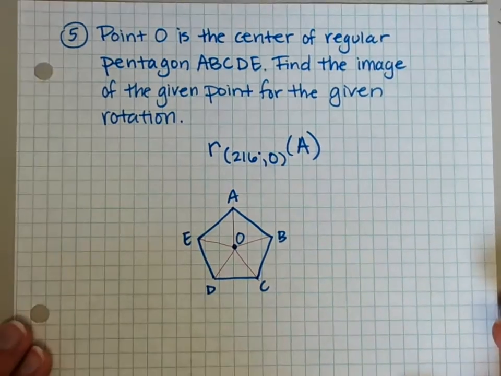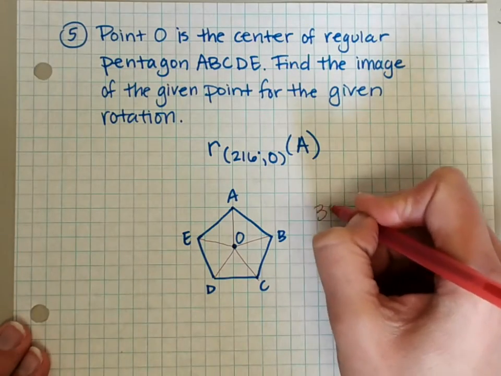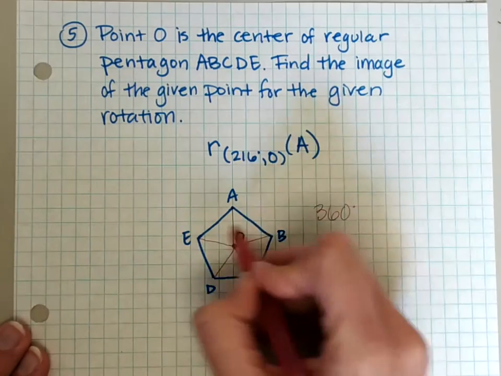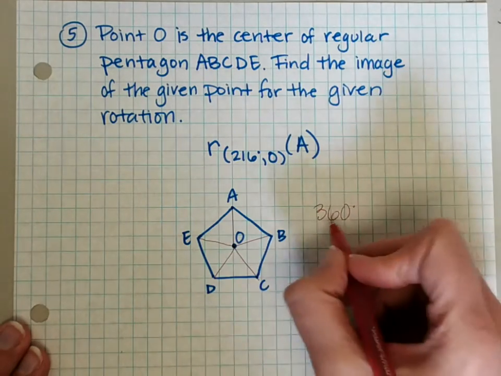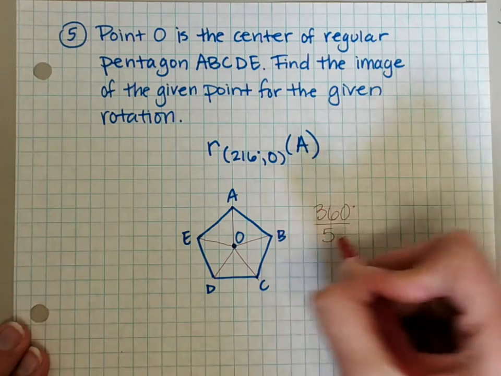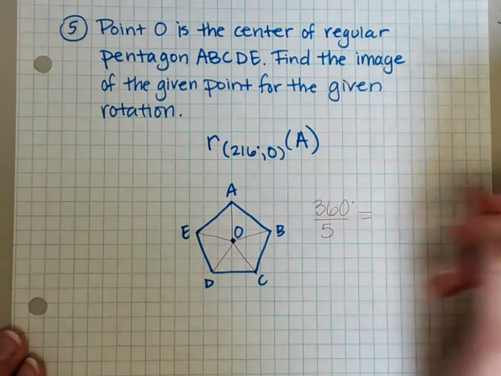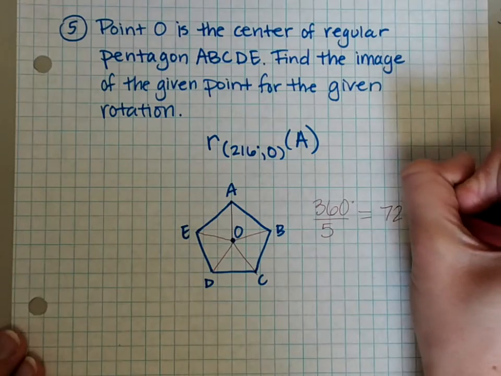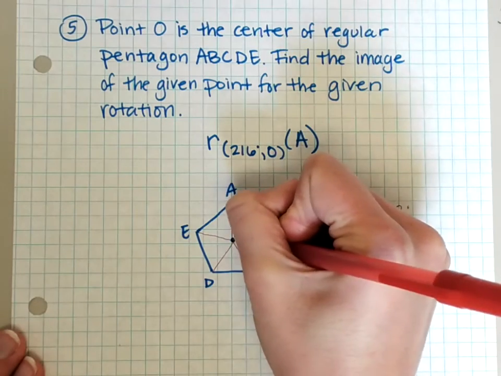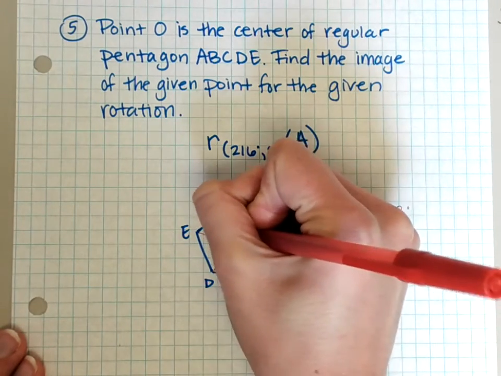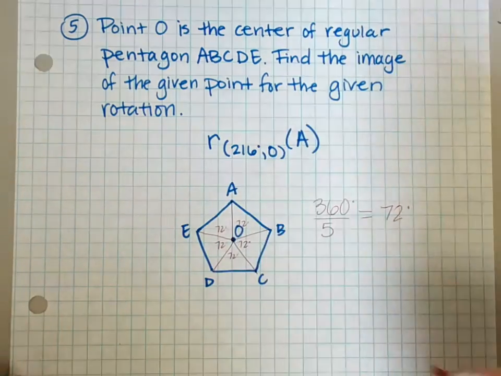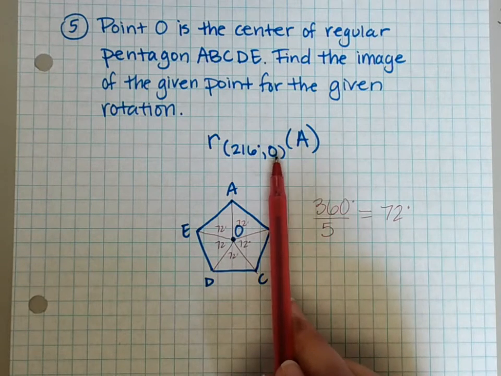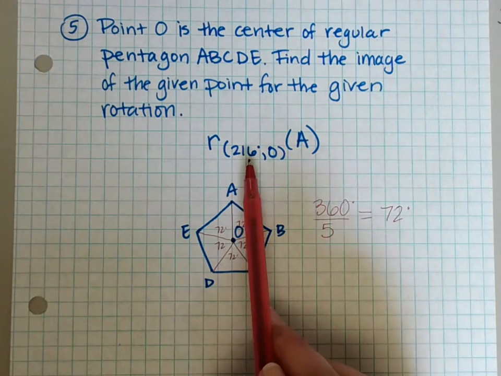Again, I know that a circle is 360 degrees. If I make this circle here, I have to go through 5 wedges to complete that circle. So 360 divided by 5 would be 72 degrees. So I know each of my wedges would be 72 degrees. Okay, we're rotating about point O, which is in the center, and we're going to rotate 216 degrees.